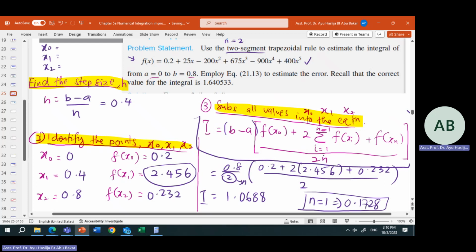I bring out the n over here, outside. So this part is equivalent to h, b minus a over n. Okay, take your time to understand.